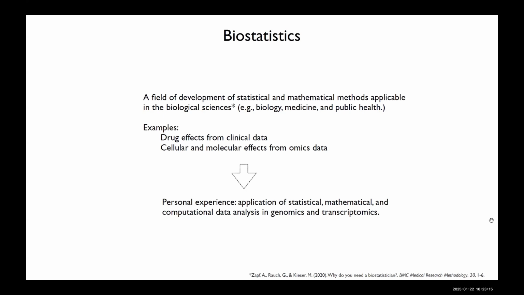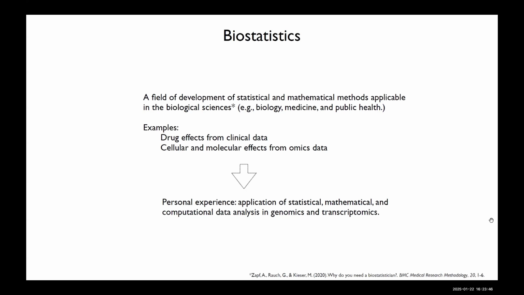One active research area where biostatistics plays a crucial role is analyzing clinical data to study drug effects. Researchers aim to determine whether a particular drug is effective for treating patients. Another active research area is investigating cellular molecular mechanisms that underlie human health and diseases using omics data.